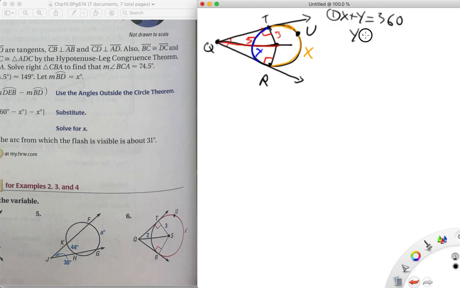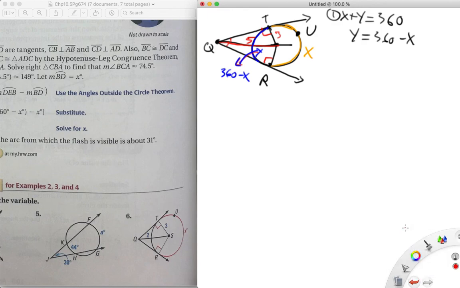So we know that Y equals 360 minus X. So this guy here should be blue. Is 360 minus X. So X, 360 minus X.